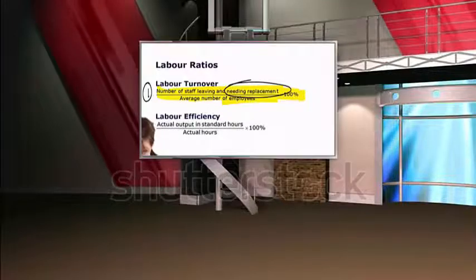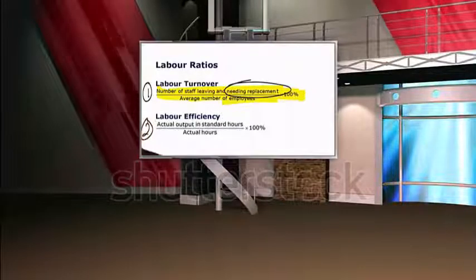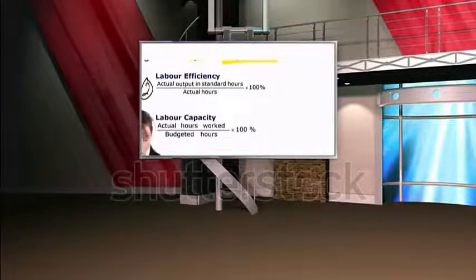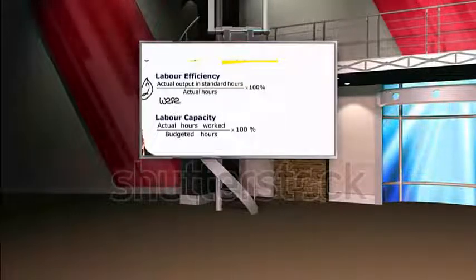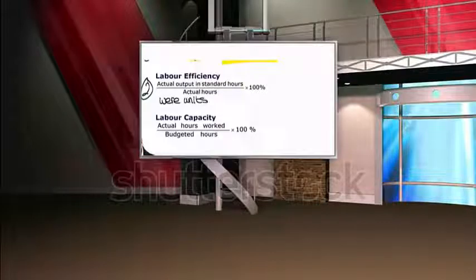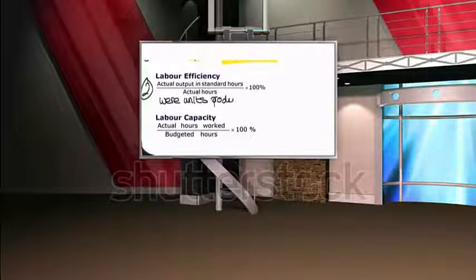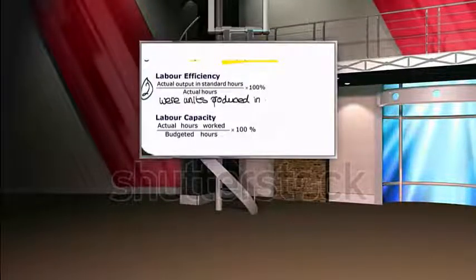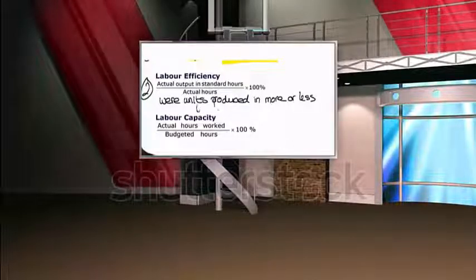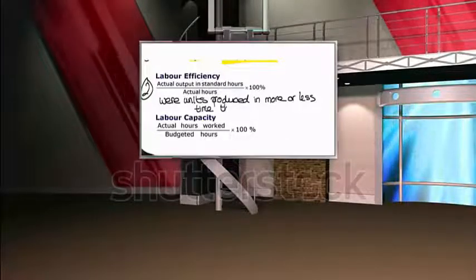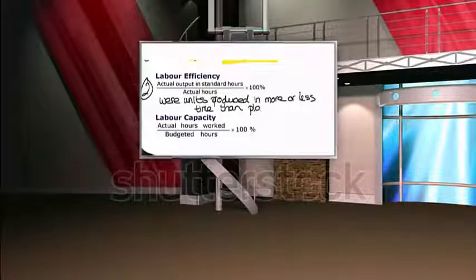Okay, our second ratio then is our labour efficiency ratio. What we are looking at here is were the units produced in more or less time than planned.